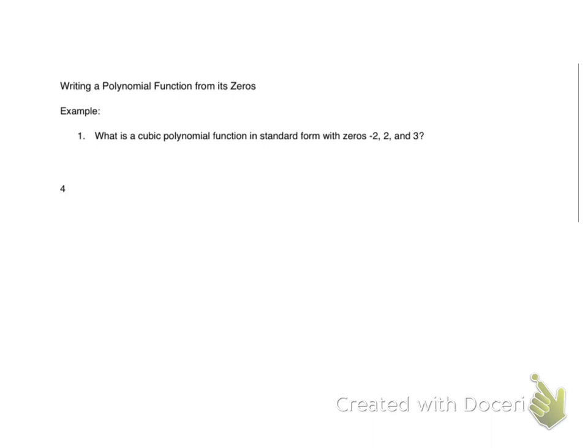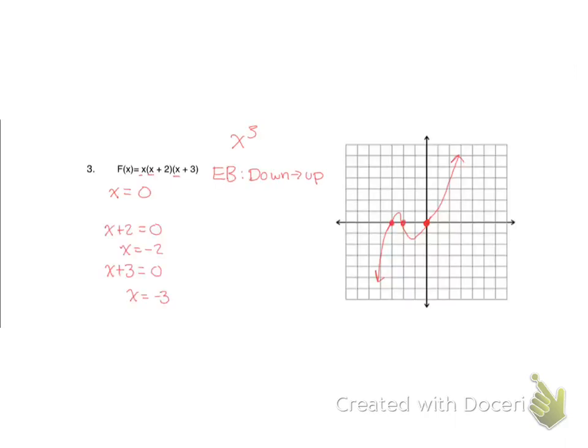Based on this information, I know that my zeros are x equals -2, x equals +2, and x equals +3. Well, if you look back here, we had x equals -3, x equals -2, and x equals 0. Well, how did we get those?